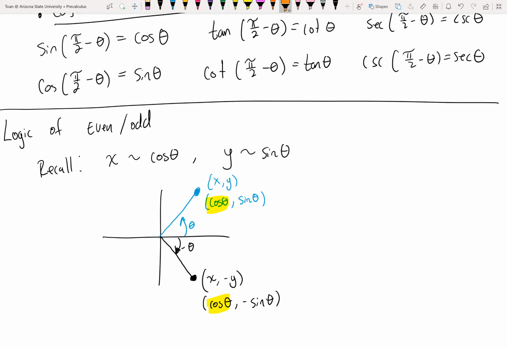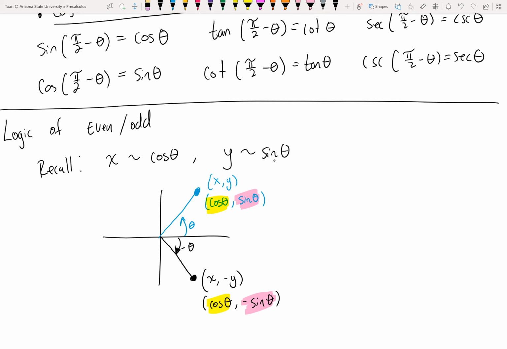But if you look in terms of sine, how do these sines relate? How about this? A little bit better. You can see that the sines are exact opposites of each other. And that's what the even, odd identity can be thought of. It can be thought of comparing what happens to sine and cosine when you make the angle negative. And that's basically comparing the sines and cosines between quadrant 1 and quadrant 4.